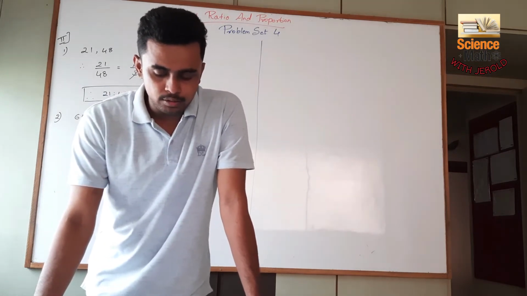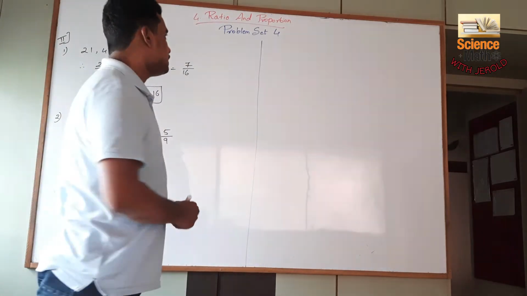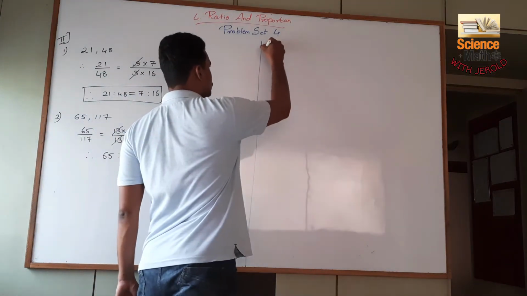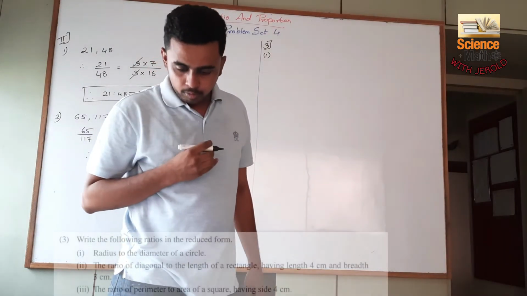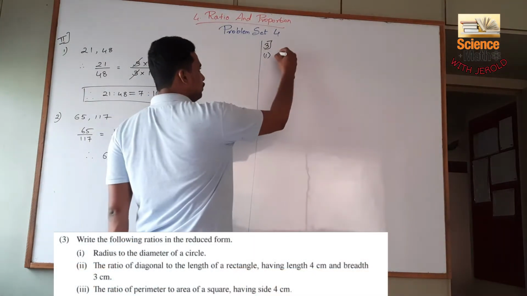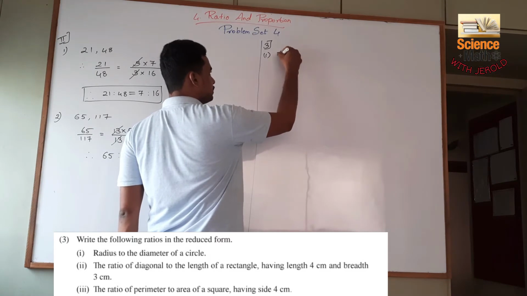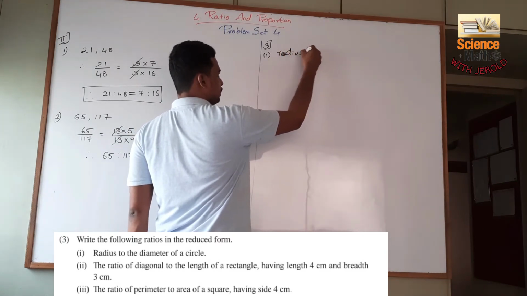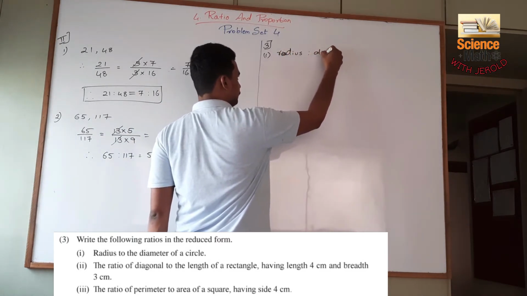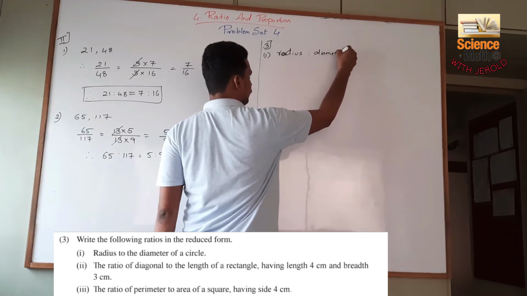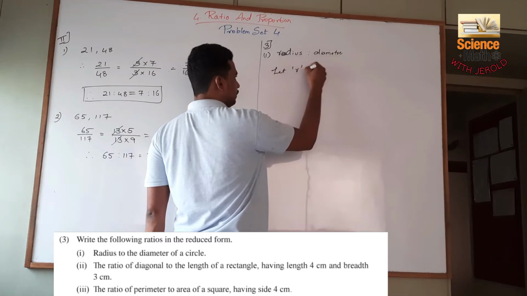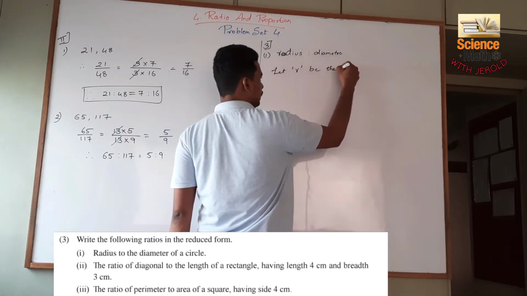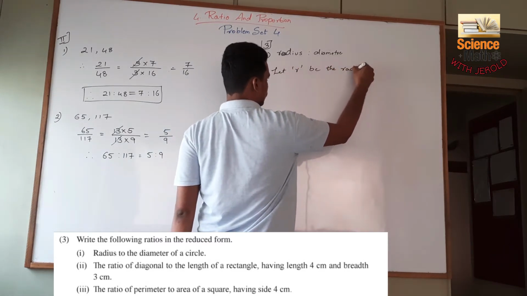Now doing the third question. Write the following ratios in the reduced form. This we have done earlier also. Again we will be finding the radius to the diameter of the circle. Radius to diameter is what we have to find. Let R be the radius of the circle.